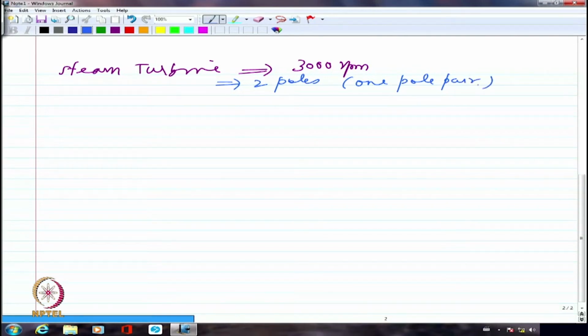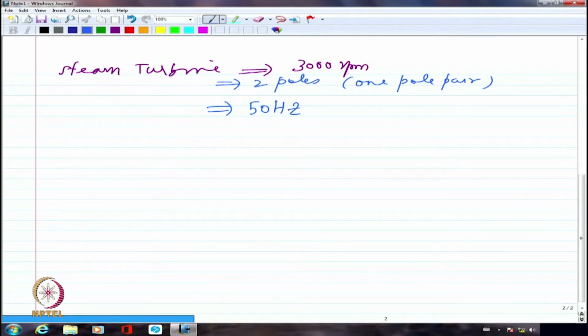Only one pole pair, which means for this 3000 RPM, I will be able to get 50 Hertz directly. Whereas if I look at the hydro alternator, generally all the hydro turbine based alternators rotate only around 500 or 475 and so on, very low speed, which means if I want to get 50 Hertz, I necessarily need to have more number of poles.